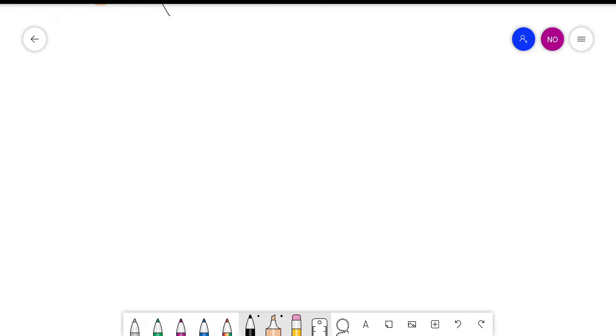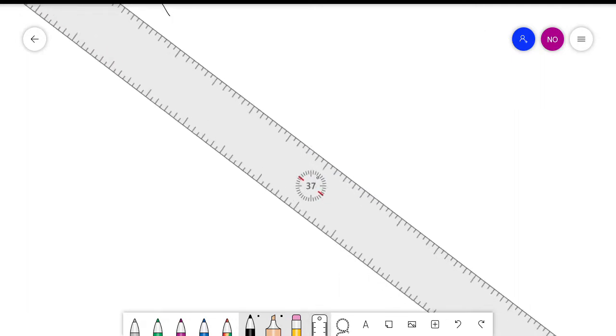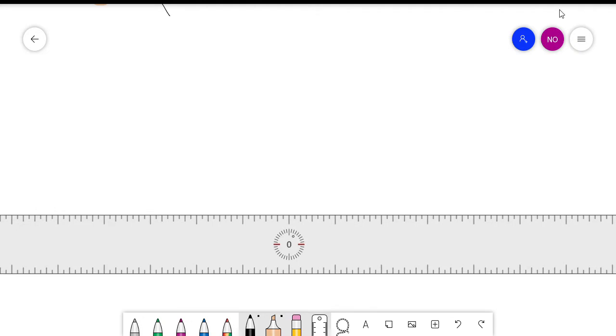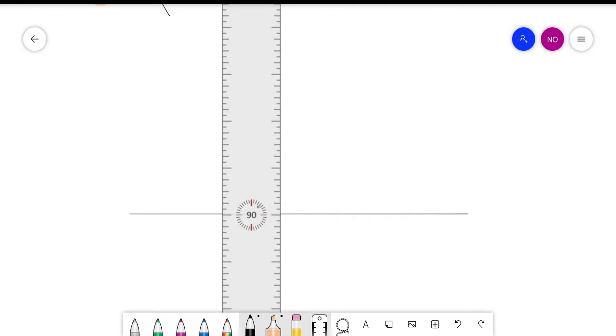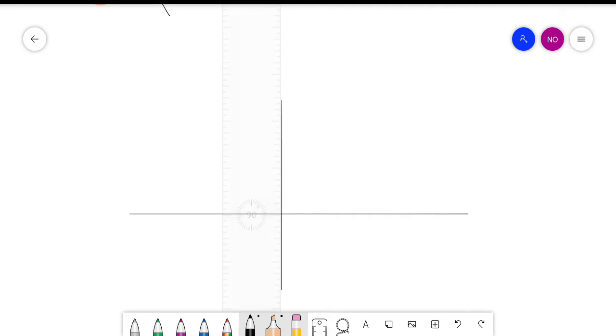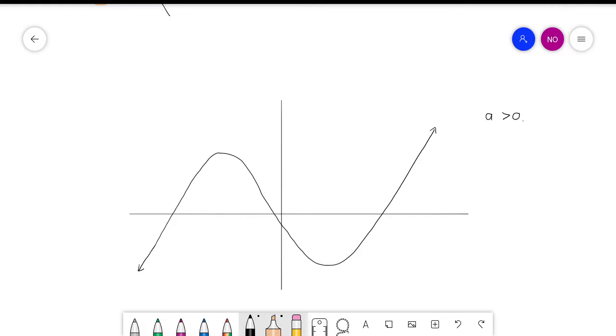So if we have the graph of a cubic function with a bigger than 0, let's say that's my graph, and you all agree that for this graph, a is bigger than 0.